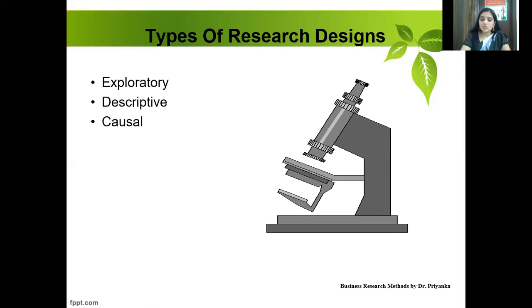Causal means you know that these two things are affecting each other, for example sales and advertisement, and you will be judging how much advertisement is affecting sales or how much sales is affecting your actual profits. So these are the things which decide whether to go for exploratory or descriptive or causal research design. But you need to decide it at the initial stages so as to go with your research master plan.